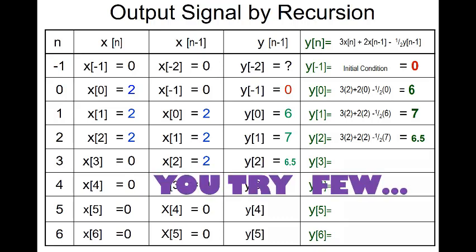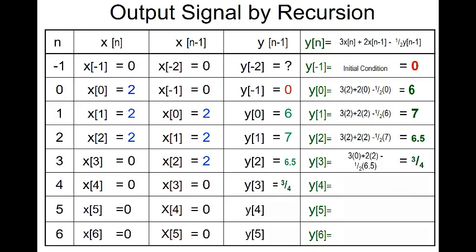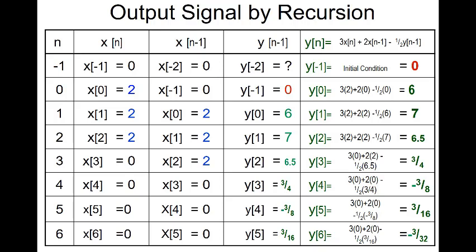So you can finish filling in the rest of the table yourself by chunking through the same way. We've gotten 3/4, then minus 3/8, and plus 3/16, and minus 3/32.